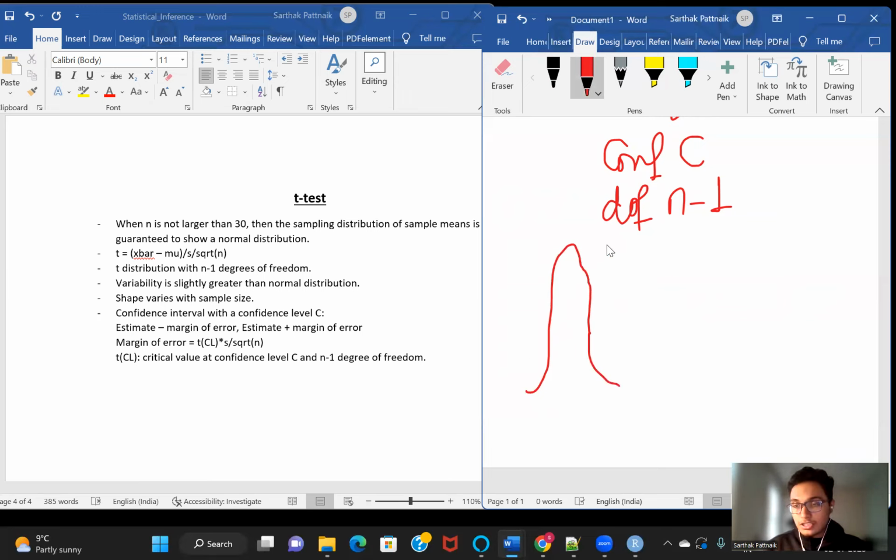If this is my standard normal distribution curve, then my t distribution will look somewhat like this.